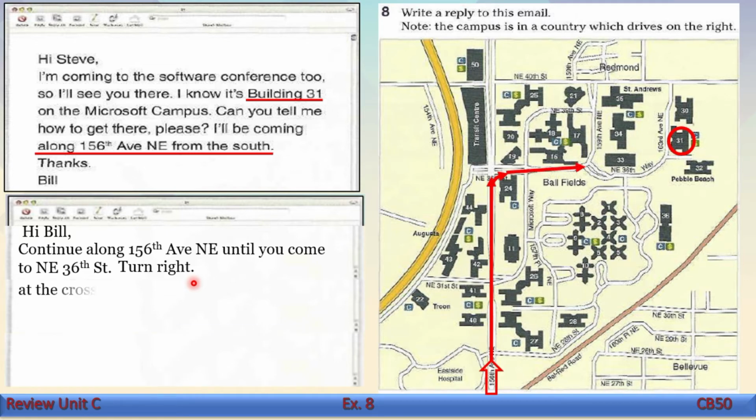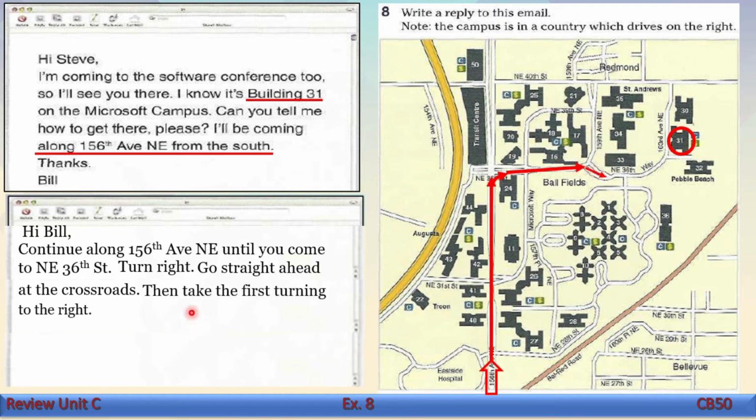After that, he needs to what? He needs to go straight ahead at the crossroad. This is the crossroad, so he needs to go straight ahead. Great. And from this point, what does he need to do? Then take the first turning on the right.